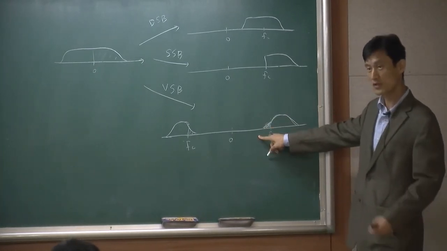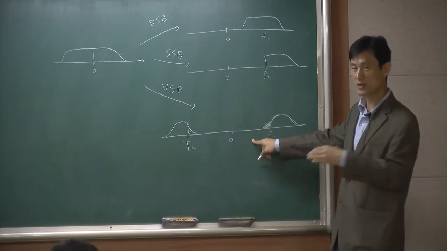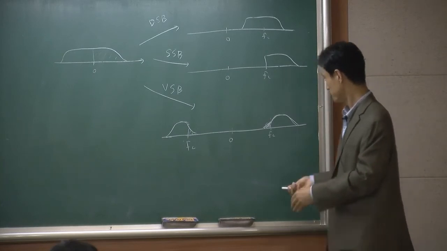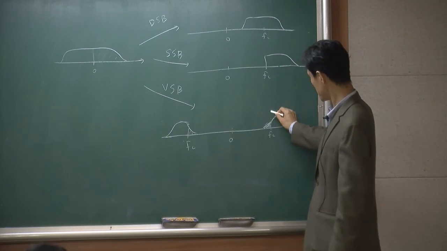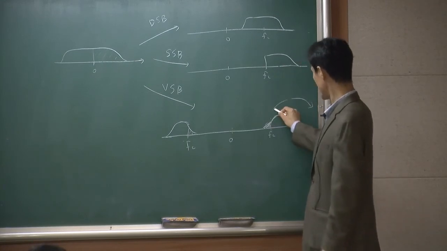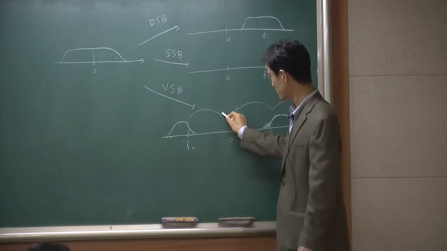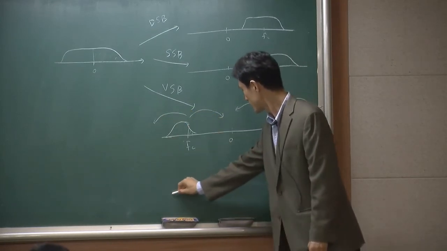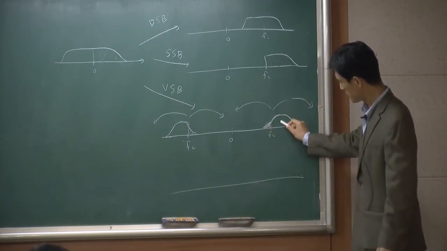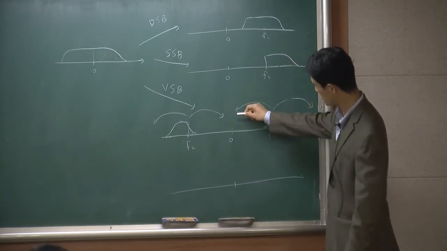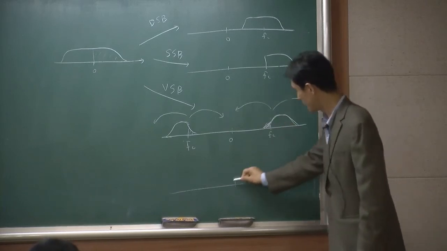From the receiver's point of view, you receive this signal and multiply by cosine. Since you multiply by the same carrier, this spectrum moves to the right, and that one moves to the left, since you multiply by cosine. Same thing for this one. This spectrum moves to the left, right? Because we multiply by cosine, it now shows up like this.